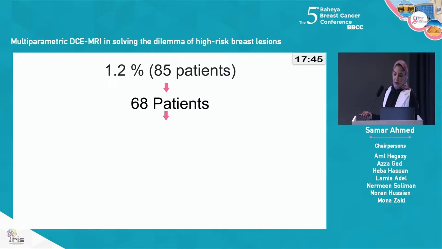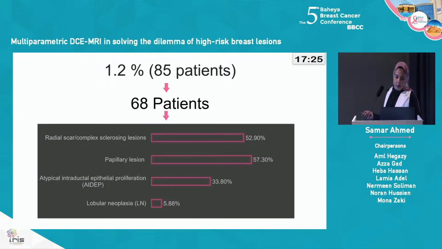Our study is a retrospective review of all image-guided breast biopsy procedures performed in 2021 at our institute. We identified 85 patients with histopathologically proven high-risk breast lesion. Out of those, 68 patients had MRI assessment and no concurrent ipsilateral malignancies. The most commonly detected high-risk breast lesion in this population was papillary lesions.